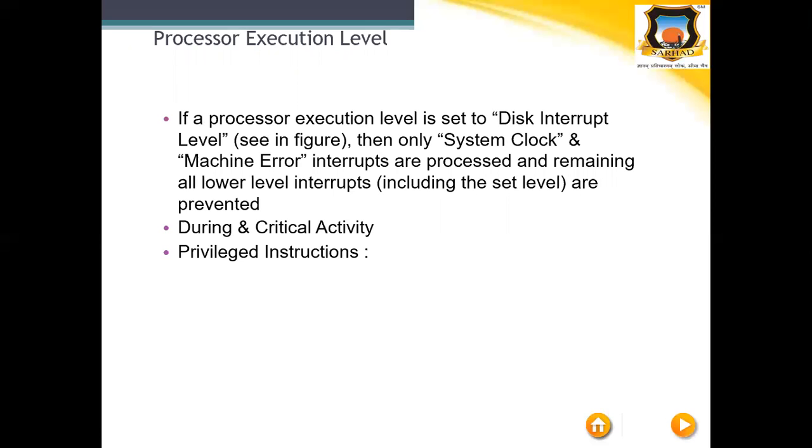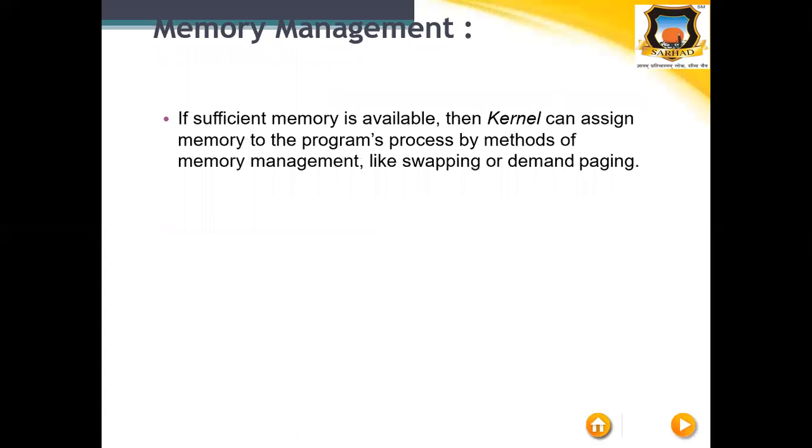When we set the processor execution level to the disk interrupt, only the system clock and machine error interrupts are processed, and all the remaining lower level interrupts are prevented. So to prevent particular interrupts, the processor's execution levels are set. They are also set during critical activity, and with the help of that we can privilege some instructions also.